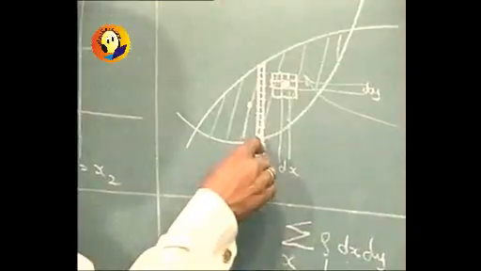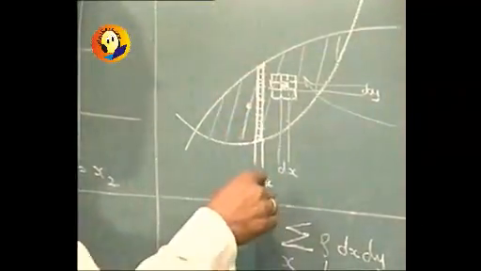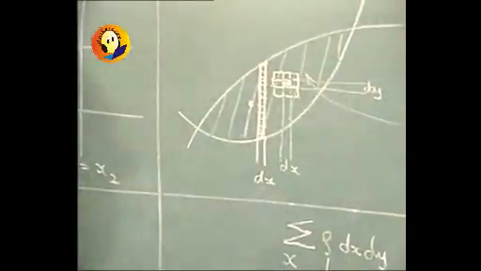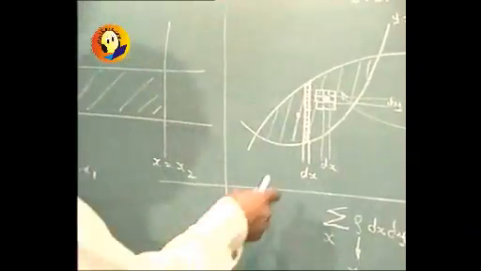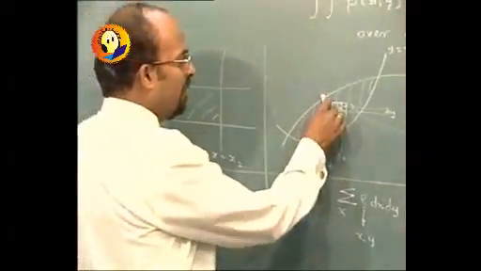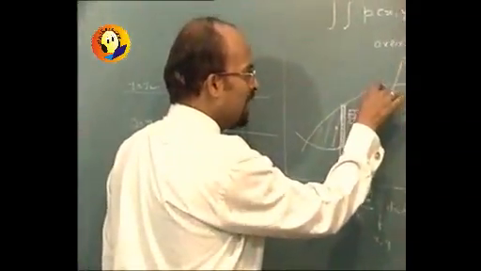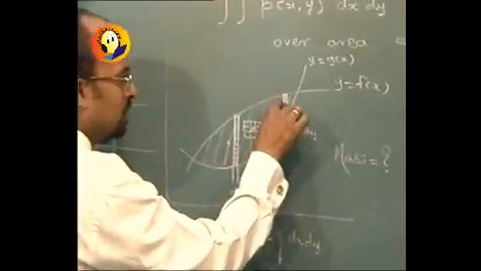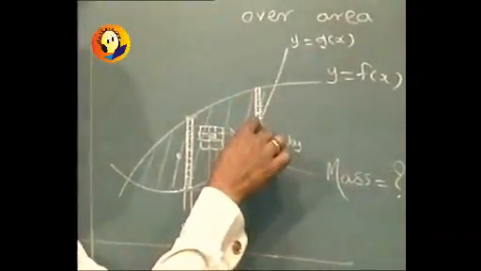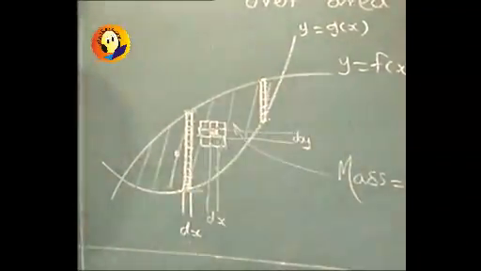On this strip, the x coordinate is constant. Remember that the y coordinate over here and over here have different values.